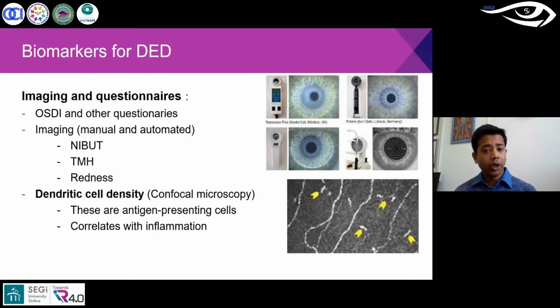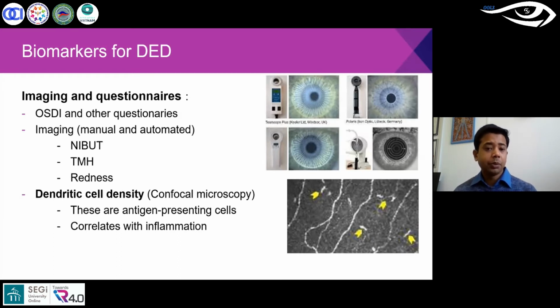These are other really good clinical criteria to look at. And at the moment, it's quite standard in a dry eye clinic to administer a questionnaire, non-invasive breakup time, tear meniscus height, and redness together. So all together, how many ticks we have. So it's more of a confirmation of dry eye.